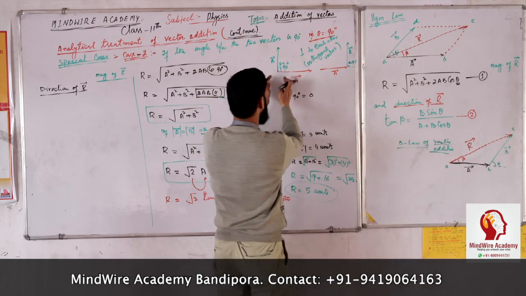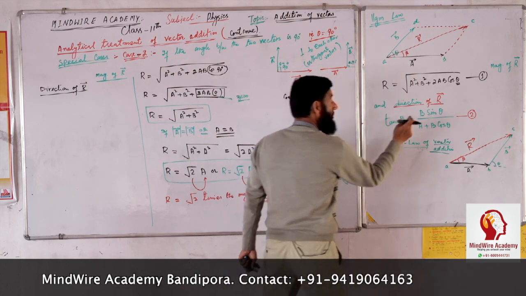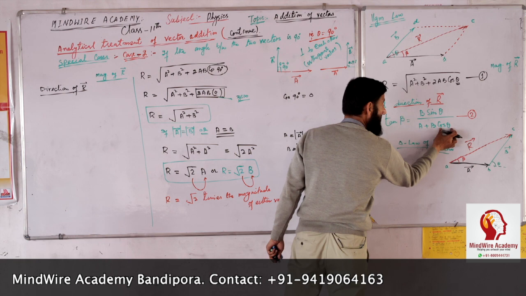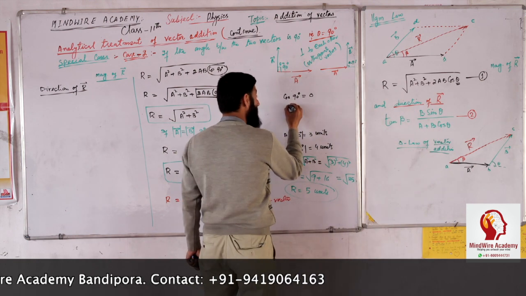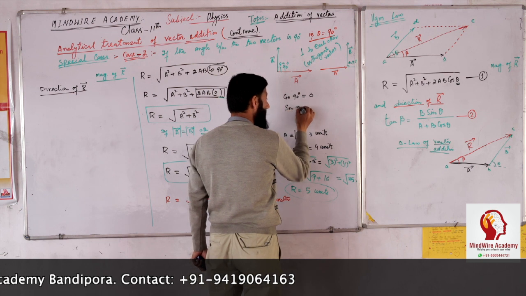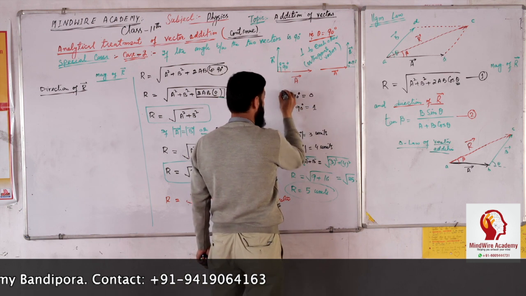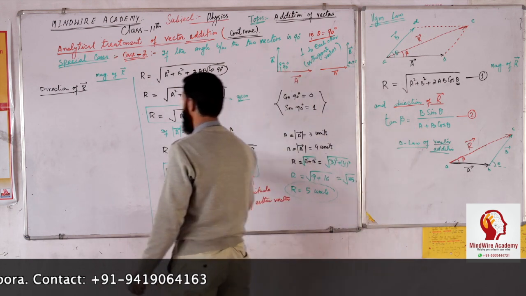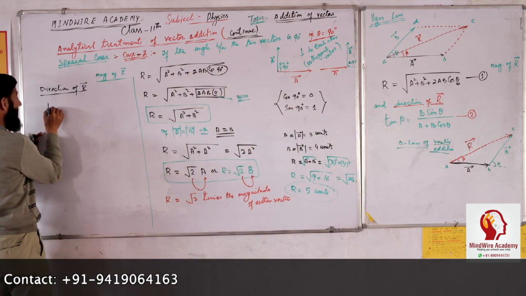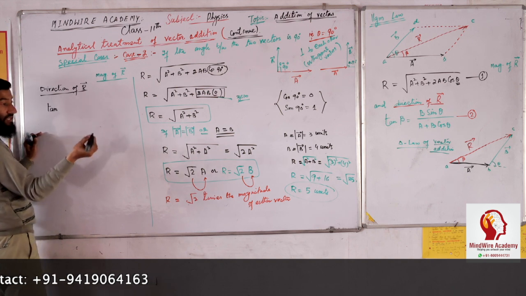And here for orthogonal vectors our theta is equal to 90 degree. So we should be knowing the values of cos 90 and sin 90. Cos 90 is equal to 0, but we know that sin 90 degree is equal to 1. So using these two values in this equation, we will simply be in a position to calculate the direction of the given resultant vector R.